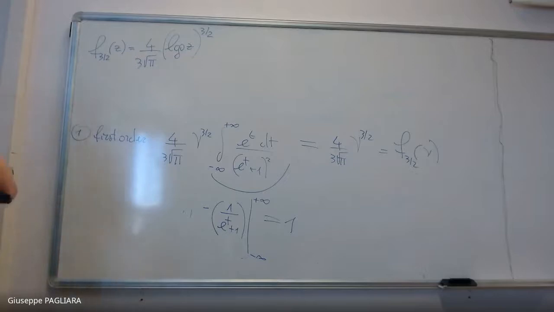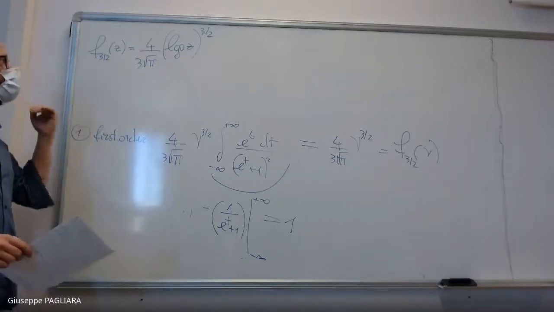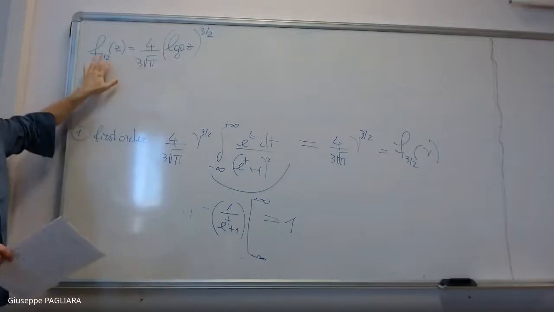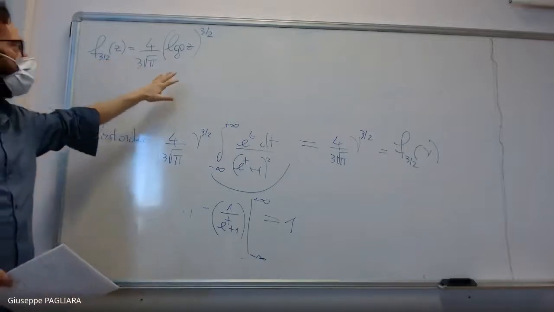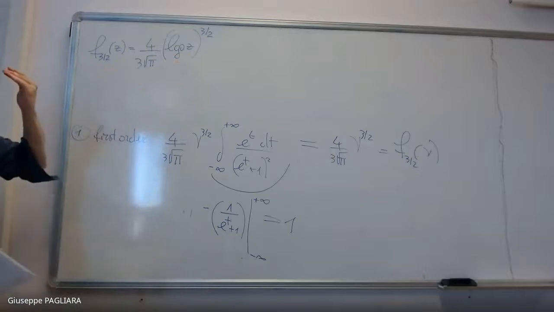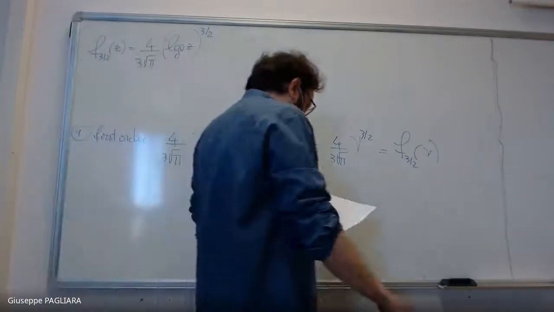As in the case of the classical limit, where z was equal to 0 and I was making an expansion of this function around z equals 0, here I am expanding around z infinity. And the first term is a log term, log to the power of 3/2.